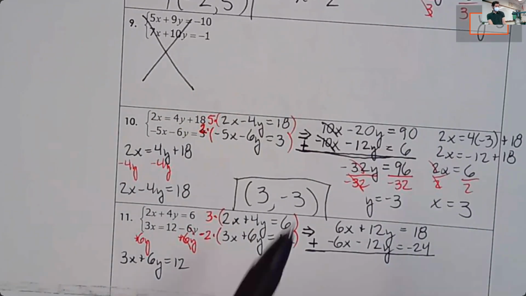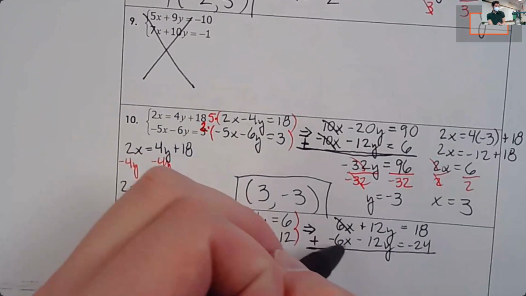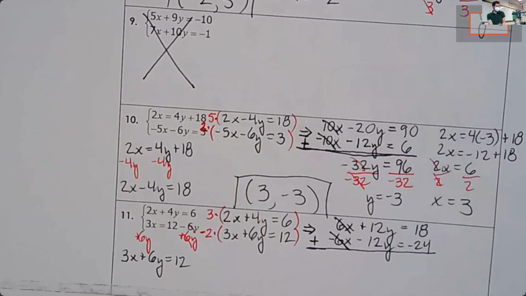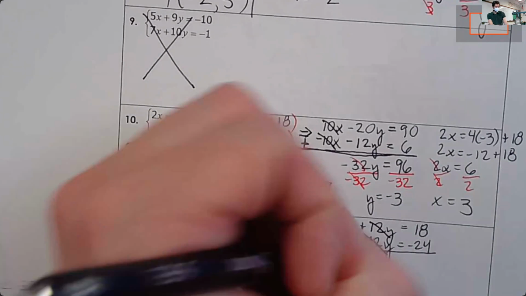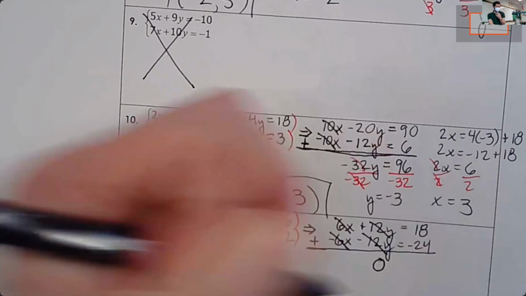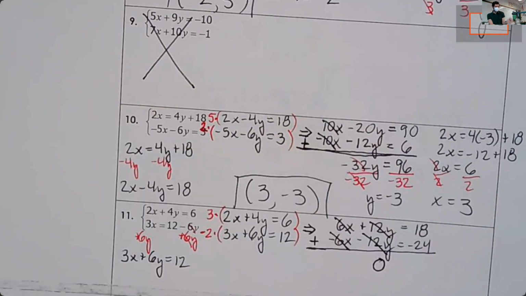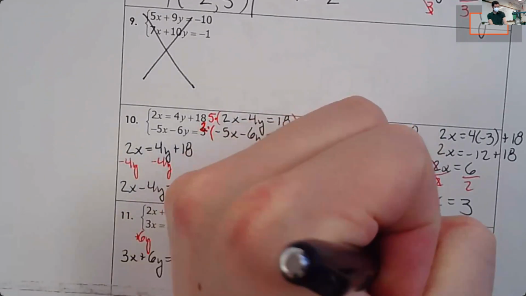And a 6x plus a negative 6x, those cancel out. What happens with the y's? They also get canceled out. All right, so we have 0 then on the left-hand side. And then 18 plus negative 24 is negative 6.